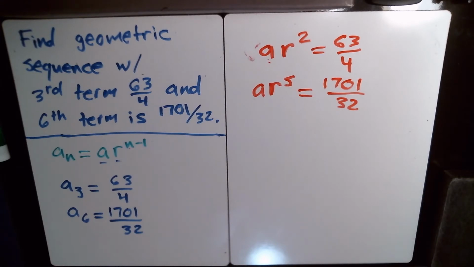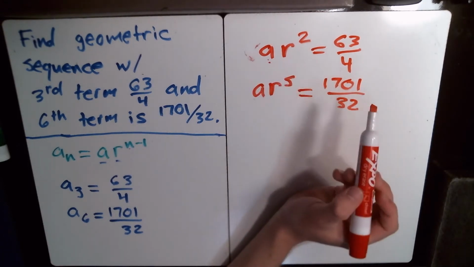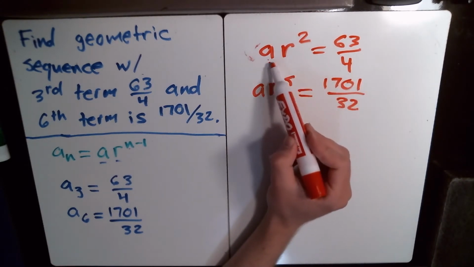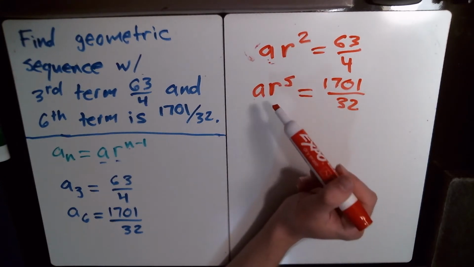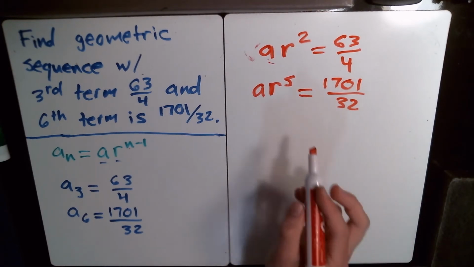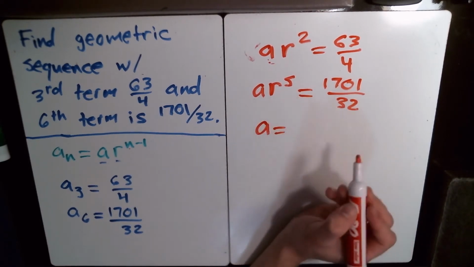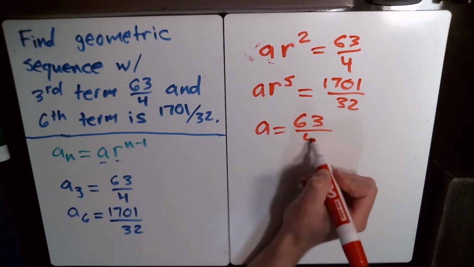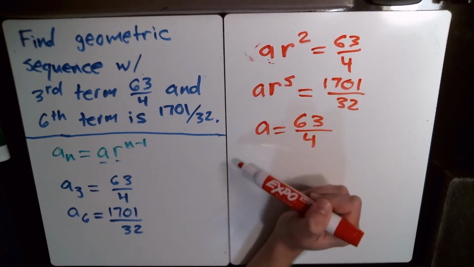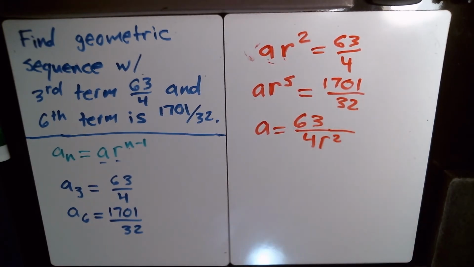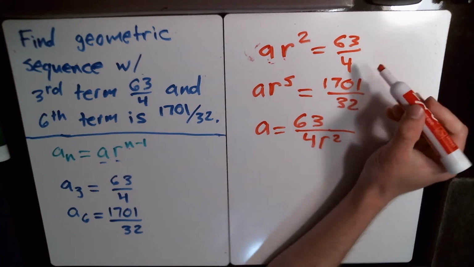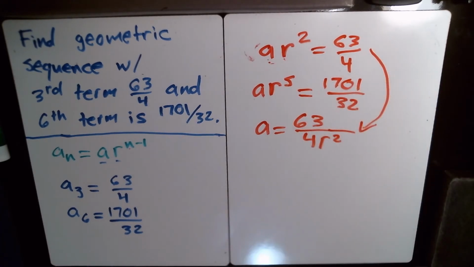Maybe the easiest way is a substitution: let's solve for A in this top equation, because solving for r would be a little more difficult, and then we'll plug that A into the other equation. So A equals 63 over 4, and I'm going to divide on both sides by r squared to get rid of that r squared. I would just move the r squared into the bottom. That was me solving for A from the first equation.